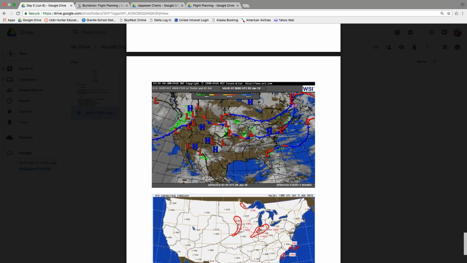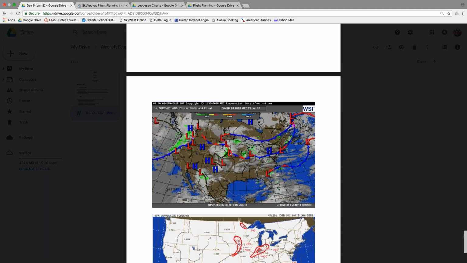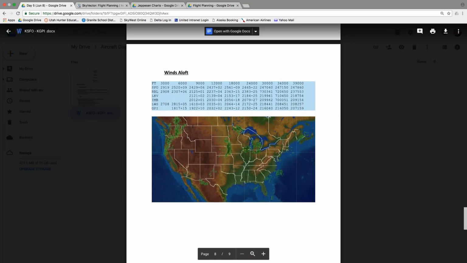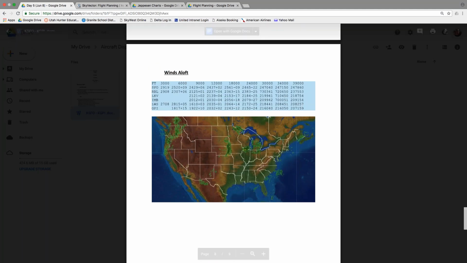So just take a look at the weather and brief yourself on the weather you're expecting en route. You can see that we pretty much avoid all weather. We stay just on the east side of that cold front; all the weather's on the west side. So just take that into consideration when you're doing your flight planning. You can see it there once again.